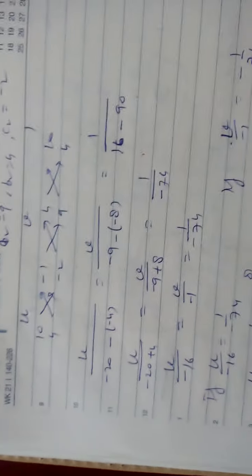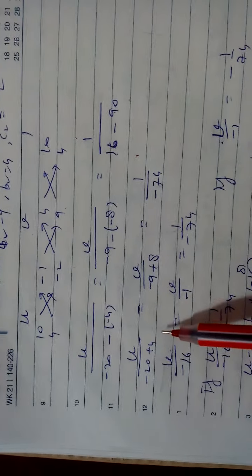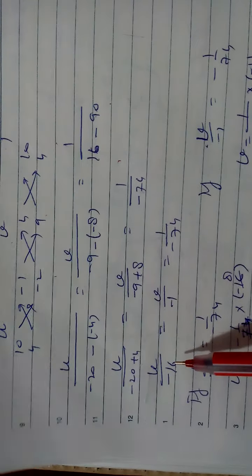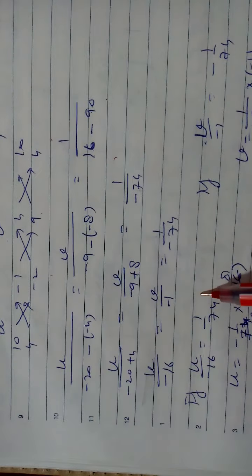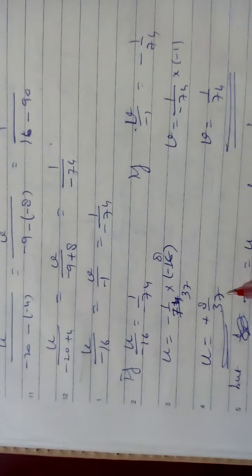So you solve it. After solving it, what will we get? Opening the bracket, solving it, you are getting u upon −16 is equal to 1 upon −74. So u will be 8/37. Here v will be 1/74.